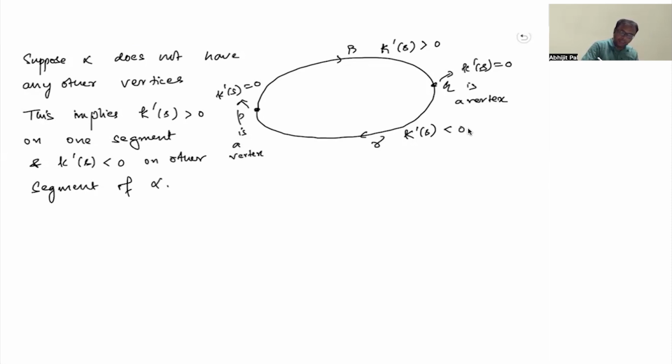So without loss of generality, let us assume k prime s greater than 0 on beta and k prime s less than 0 on gamma. Okay, all right. And also now we have this line also.